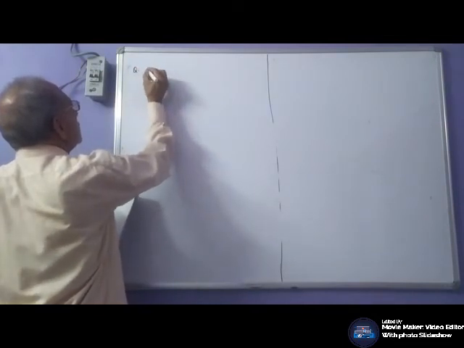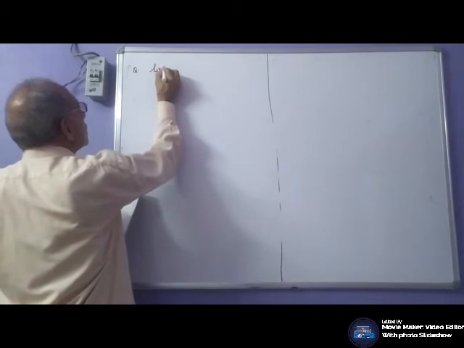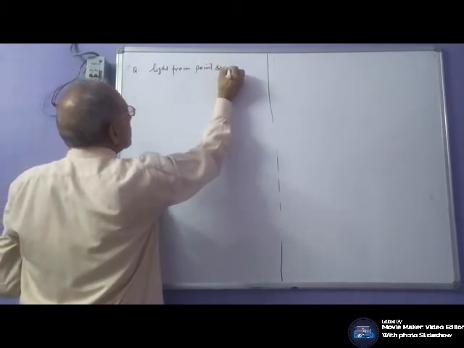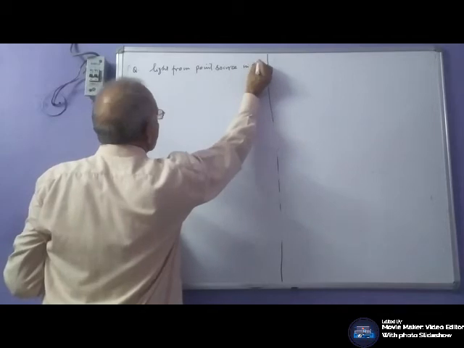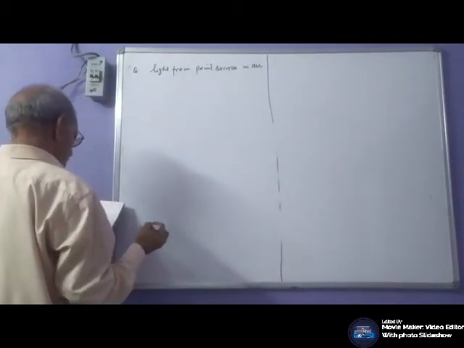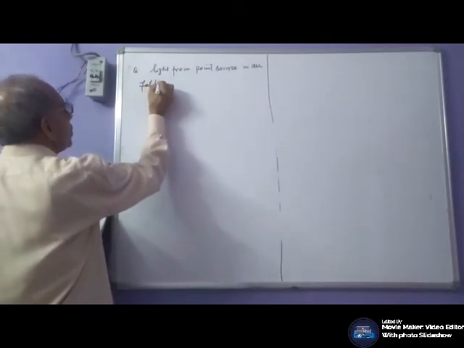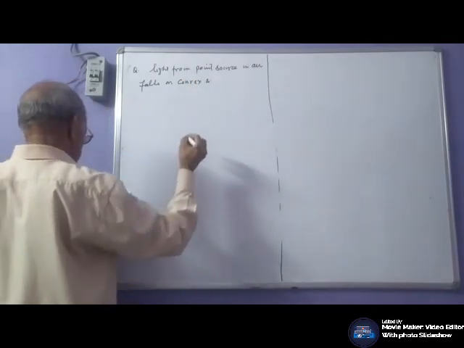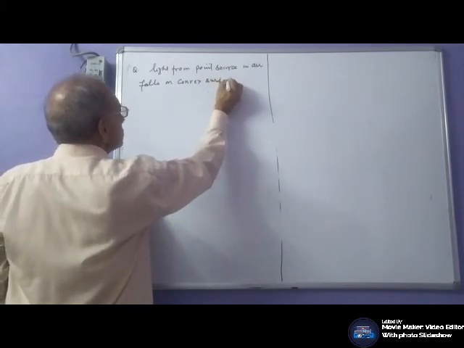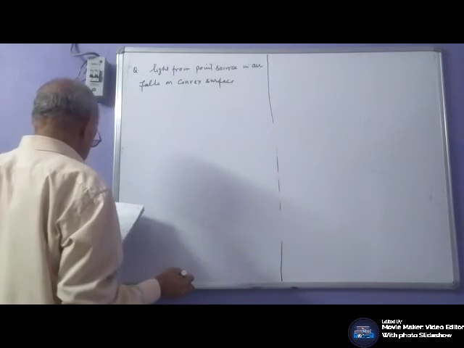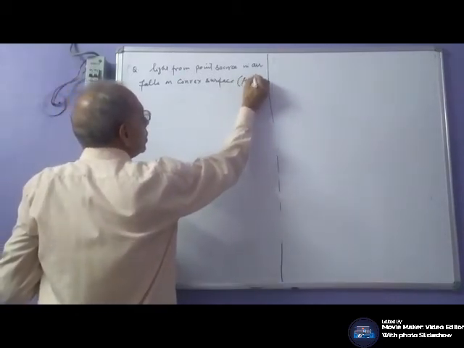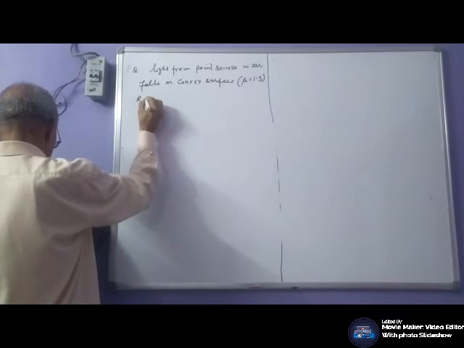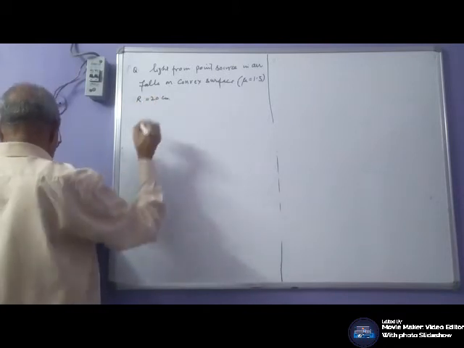Another numerical. Light from a point source in air falls on a convex surface, mu 1.5, of radius 20 centimeter.